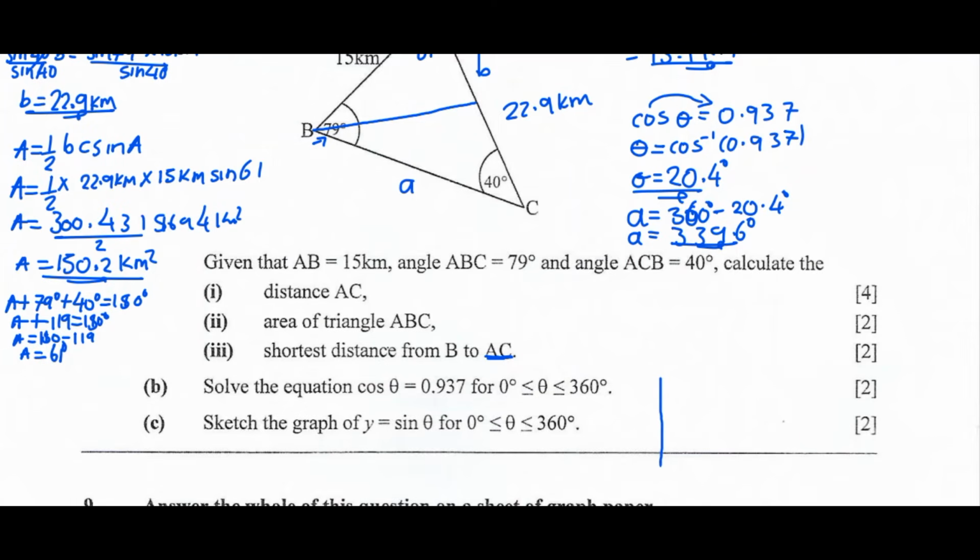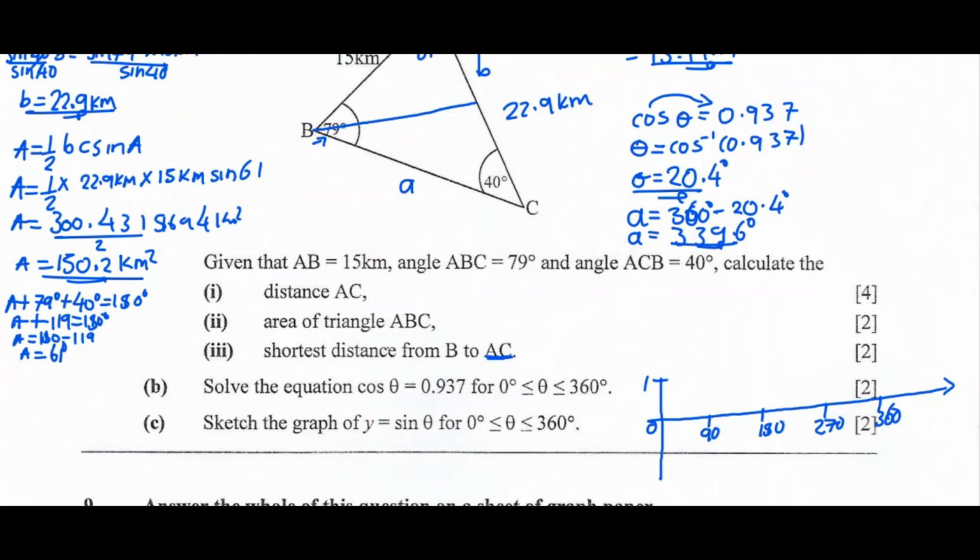So whenever you are trying to sketch, you need to draw the x-y plane. Now in the x axis, we put the angles, so 0, 90, 180, then 270, 360 here.